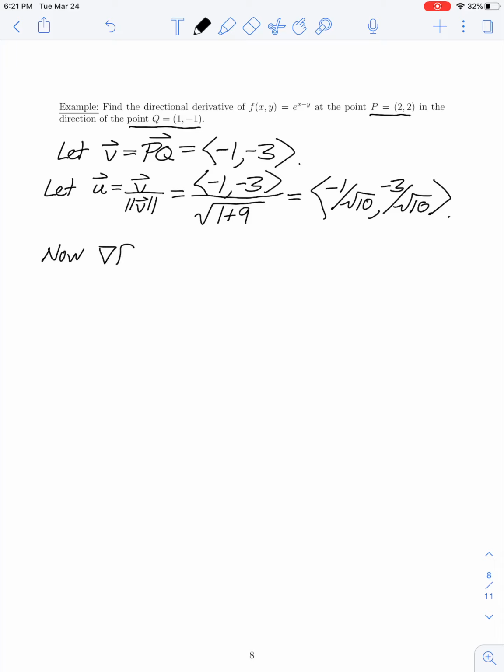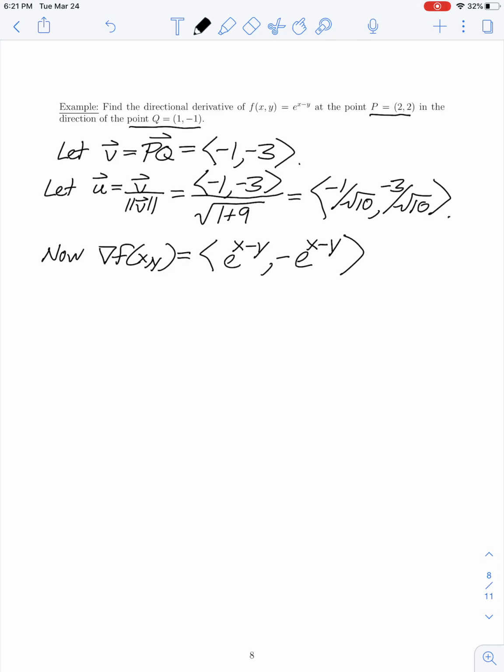All right. Now, the next thing we need to find is the gradient of f at a general point x, y. So here our first component would be the partial derivative with respect to x. So we have e to the x minus y power times 1 for the derivative of the inside with respect to x.